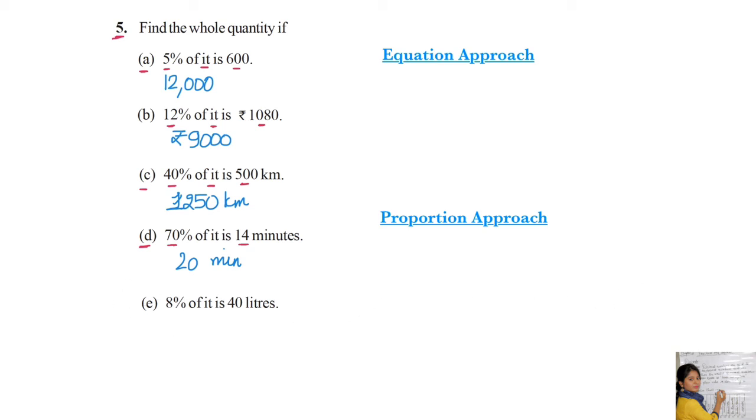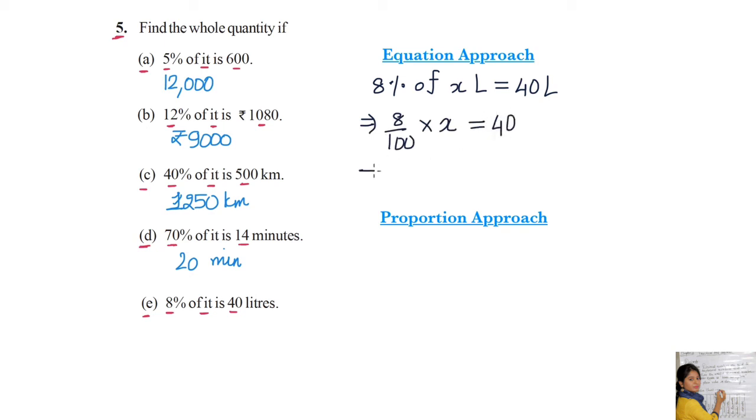Let's move to the last part. In this part, it is given that 8% of an unknown quantity is 40 liters. Let us take that unknown quantity as x liters. So how are we going to write it? 8% of x is equal to 40 liters. This means that 8 by 100 into x liters is equal to 40 liters.